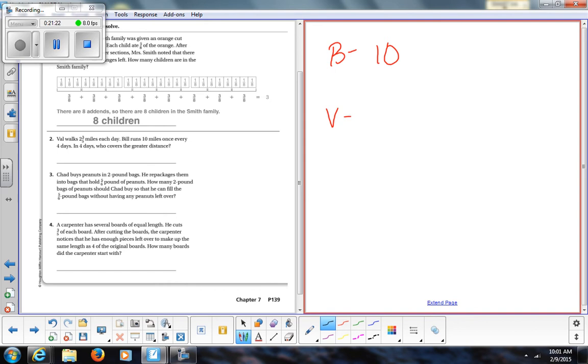And Val walks 2 3/5 miles each day. How do I figure out who does more? We're not multiplying and dividing yet. That's the next chapter.